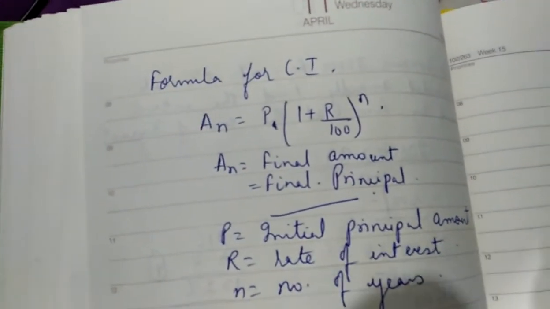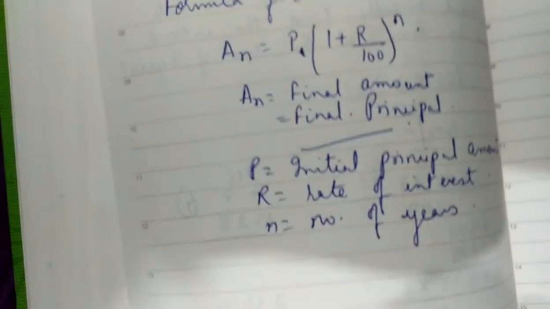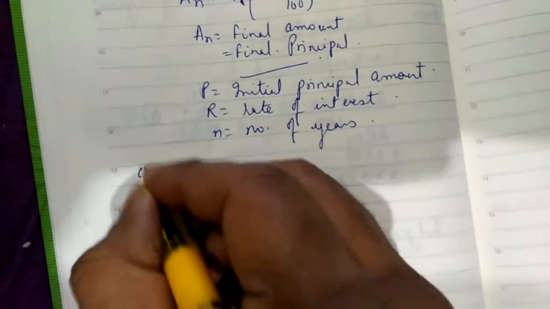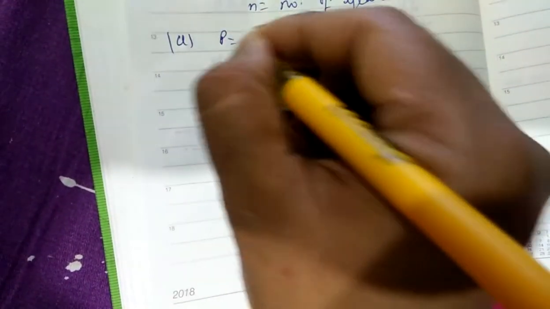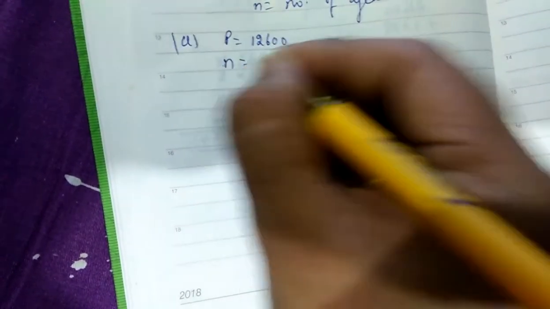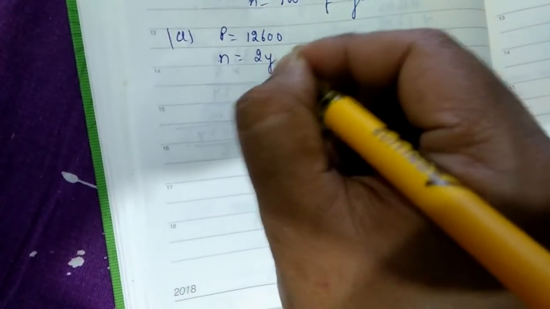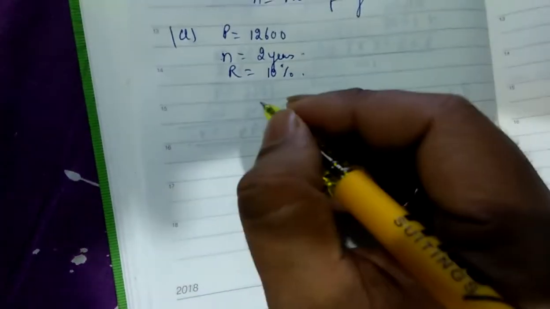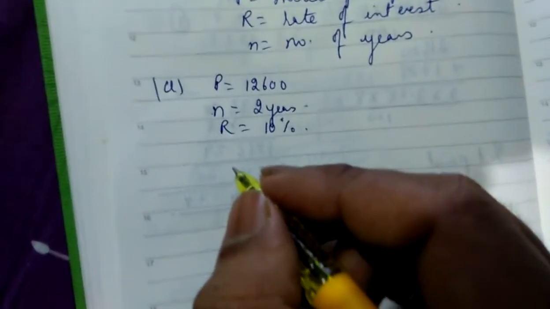Now let's solve a question based on this formula. Let's say the principal amount is 12,600, the number of years n is equal to 2 years, and the rate of interest is equal to 10%. We have to compound it annually.